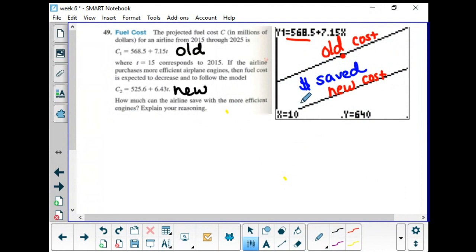Space will represent money saved. It's the difference between the two models. So it's still a difference, but because of the functions that we're looking at, cost functions, this represents money saved, okay? Versus revenue functions would be money brought in, profits would be money brought in. It just depends on what the two functions represent, okay?